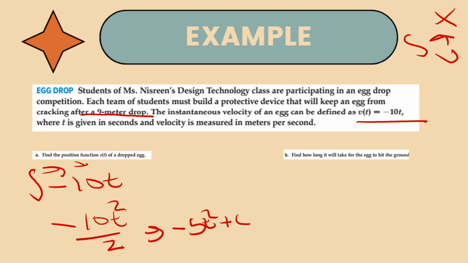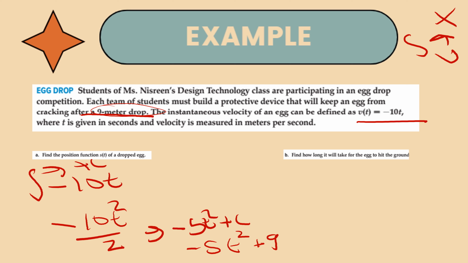For an integral, we would always have c, unless it's an interval, where we don't need the c because we would replace x by the interval numbers. Then, because we have a 9-meter drop, we replace the c by 9, because it's the initial value, the constant that won't change.